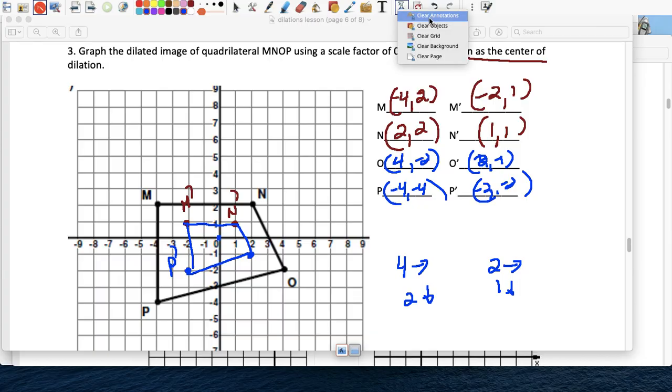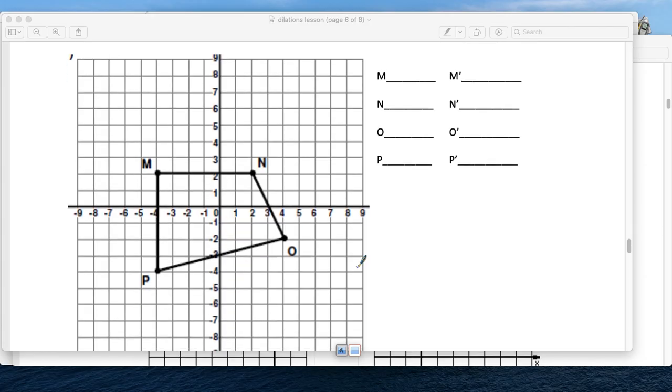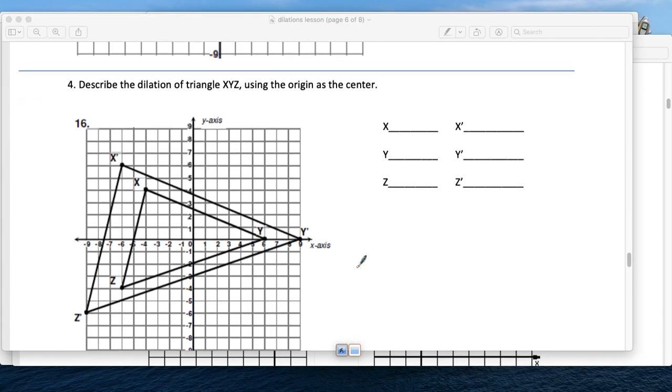Okay. That's really dilations, right? It's the distance, right? From a point and the center of dilation that's being either scaled up or scaled down.